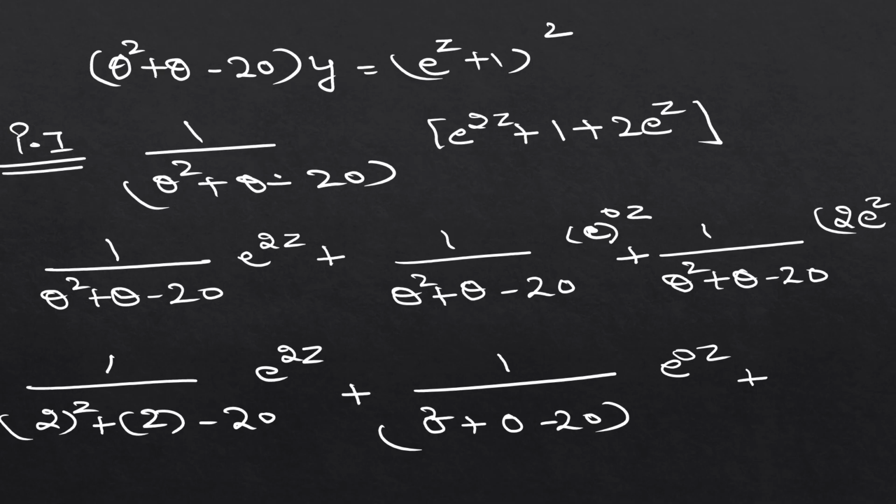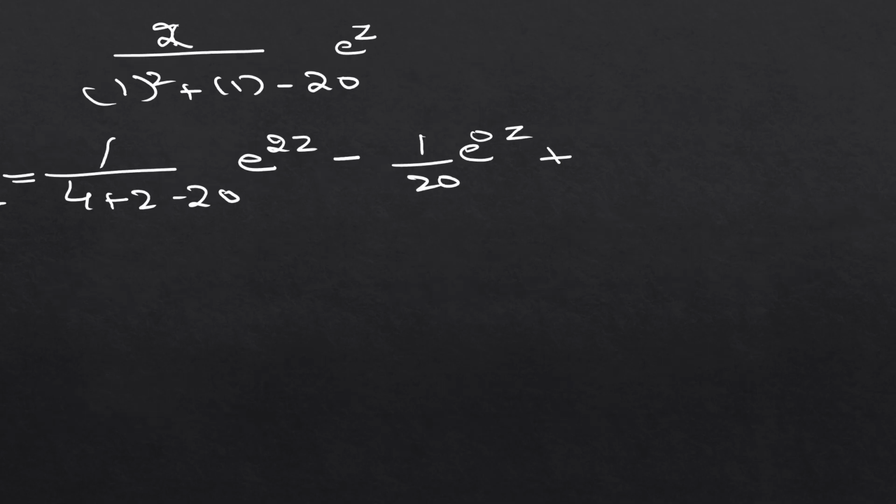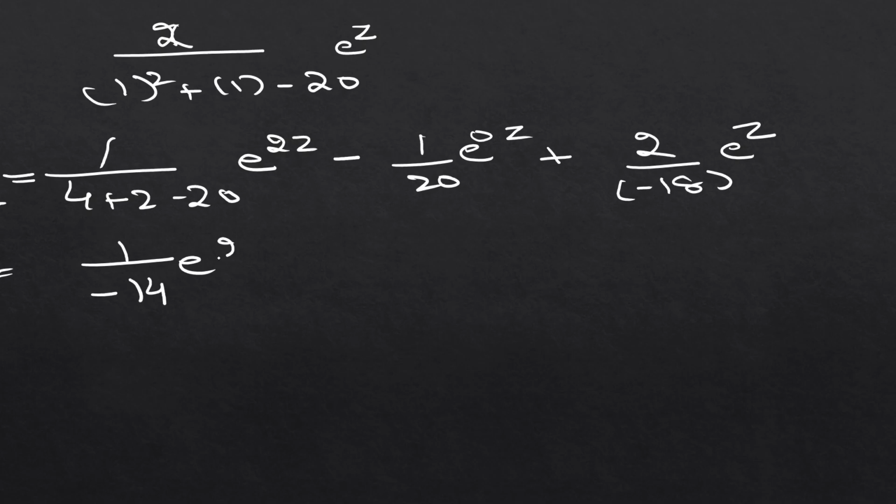Then again it's a plus. It is again 2 times 1 plus 1, 2 minus 20, that is minus 18. So I'll write it down minus 18 e raised to power z. So it is 6 minus 20, minus 14 e raised to power 2z, minus 1 by 20, then minus 1 by 9 e raised to power z.